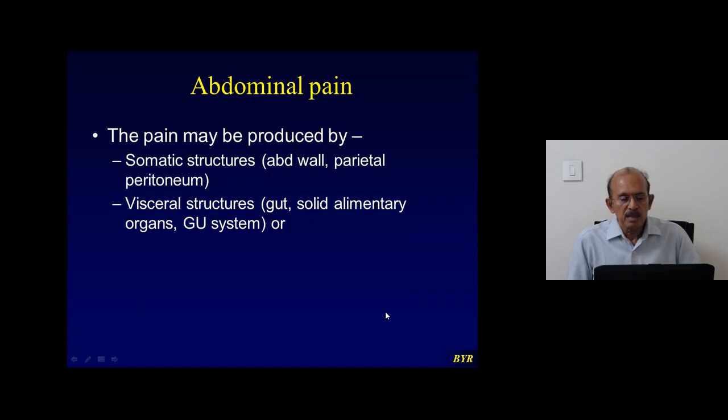What is a somatic structure? Somatic structures are derived from ectoderm and mesoderm. They are called somites, that is why they are called somatic structures. Visceral structures develop from the endodermal tube. That is called the gut.